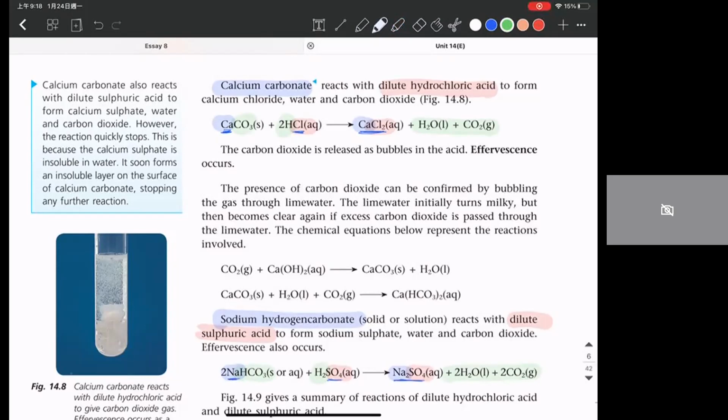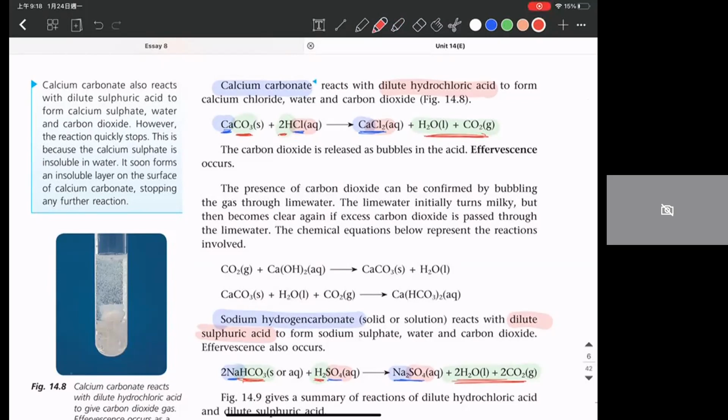Leaving behind the carbonate ion and hydrogen ion, which collectively change to carbon dioxide and water. That type of thinking is very important because it will help you write down the ionic equations later on. Understand?